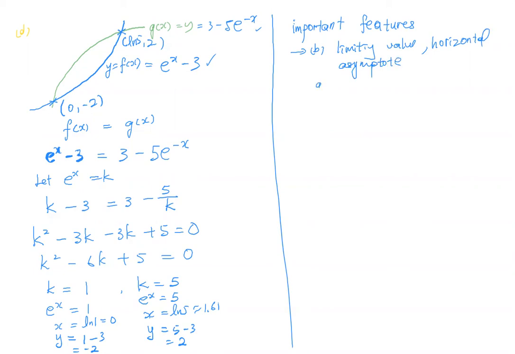From part A, the x and the y-intercept. From part C, you talk about the shape of the curve. And from part D, the intersection point. So all these must be correct in order to get the full mark.